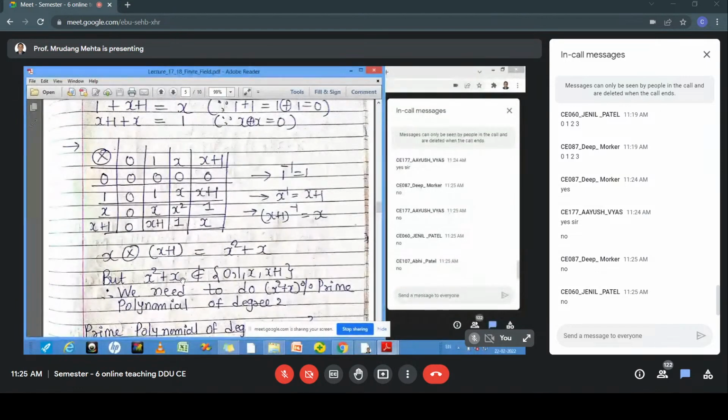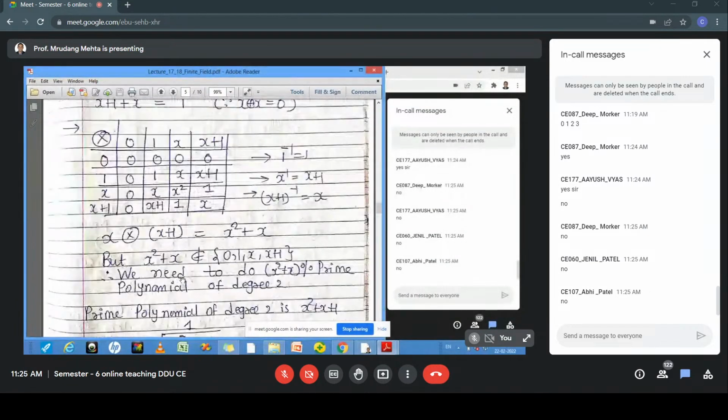So x square mod prime polynomial of degree 2.